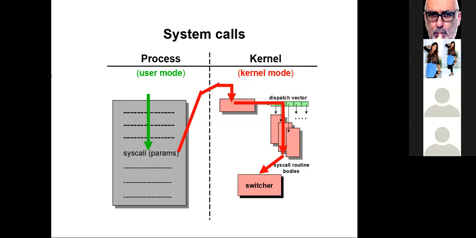Immediately after the execution of the routine, maybe the system call is, for example, just a system call for running a new process. A process in execution decides to run a new process.